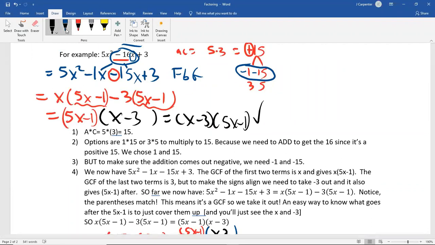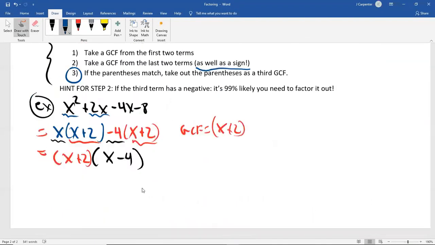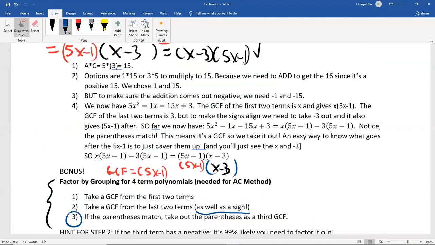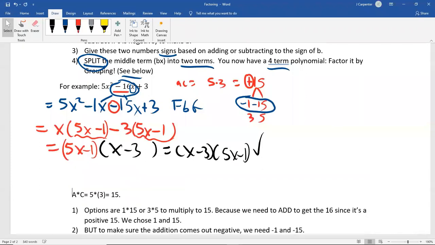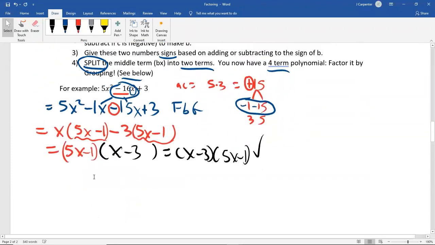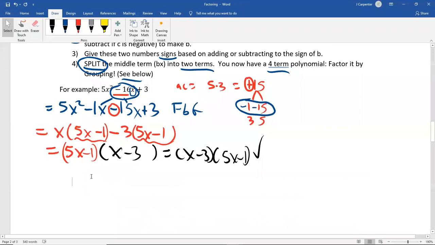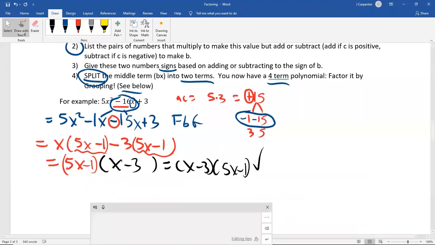Okay, so let me show you what trial and error would look like for this problem, which is actually a very short trial and error. Let me not do it that way. Let me just do this. Trial and error, T and E for trial and error.